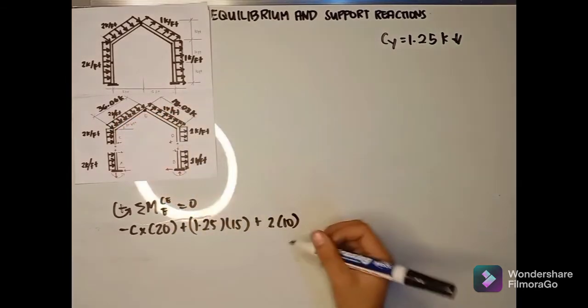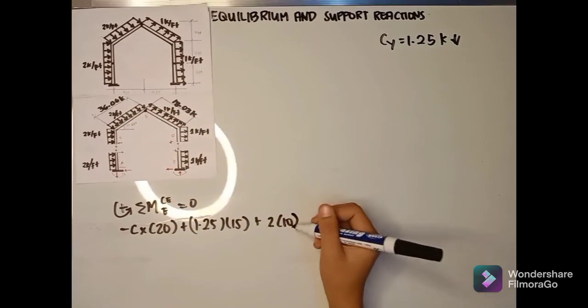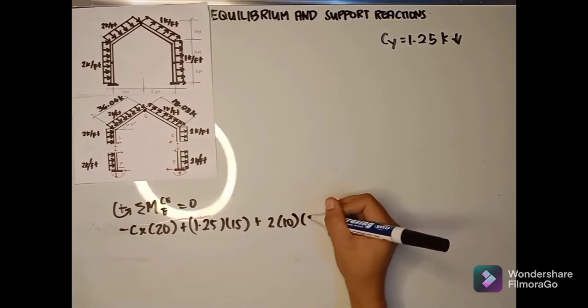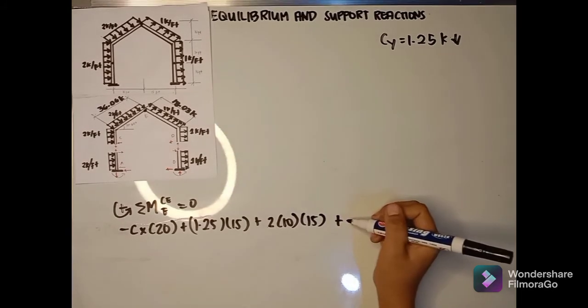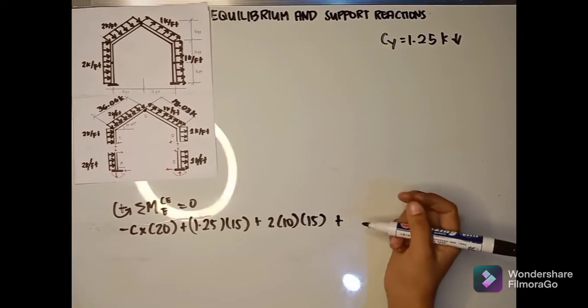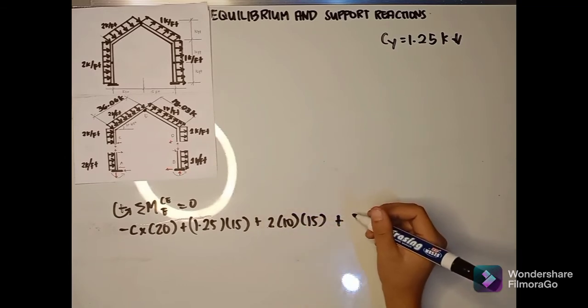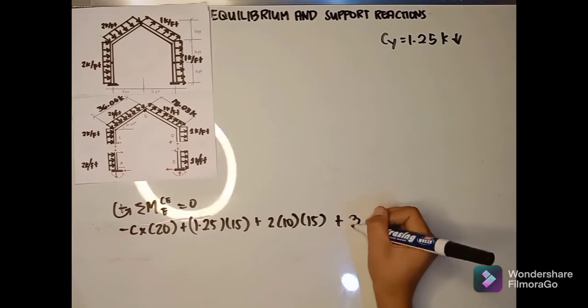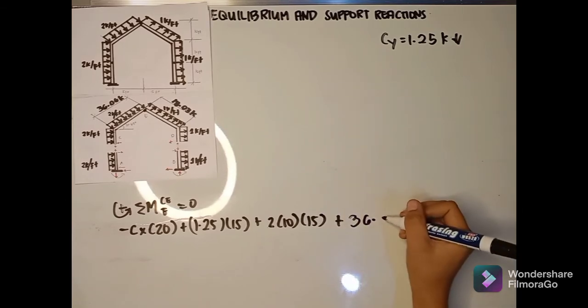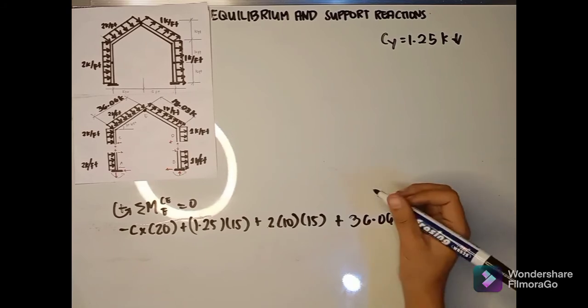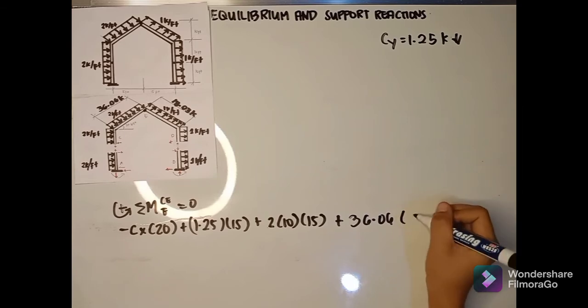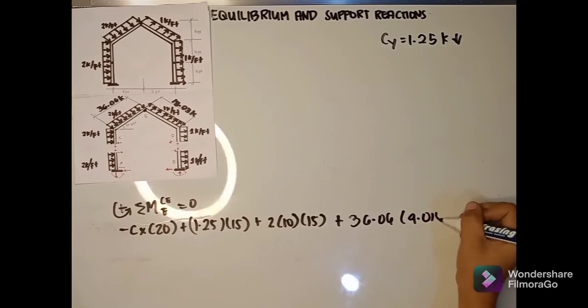This is the uniformly distributed load of 2 and its length of 10, and its moment arm of 15, plus the 36.06 and its length of 9.015, is equal to 0.